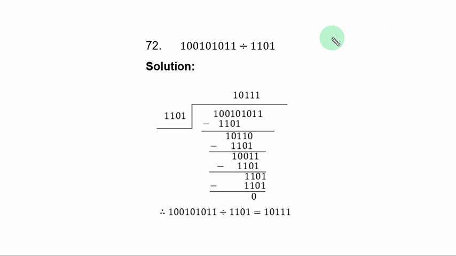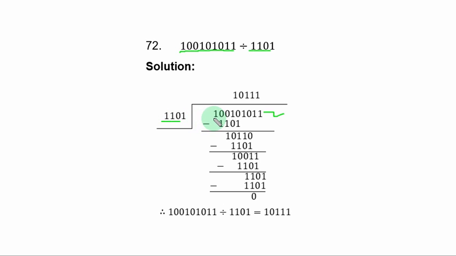Example 72. Listen attentively. This is division. 1 0 0 1 0 1 0 1 1 divided by 1 1 0 1. What you are dividing is usually inside the box and the divisor is outside.